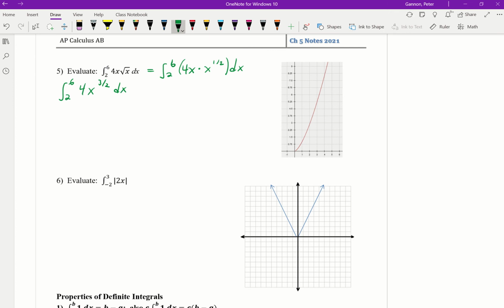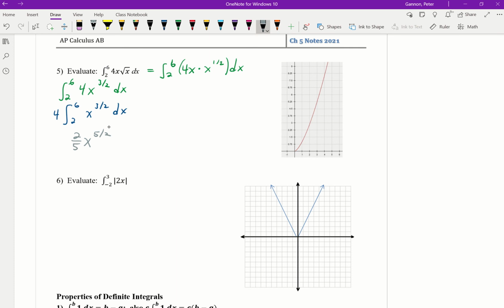Now, from here, one thing that I would encourage you to do with integration is if there's a constant in front, take it out. So we want to make the expression we're taking the integral of as simple as possible. So we can take that 4 out and just put it in front. And then as we take the integral of x to the 3/2, we're going to increase the power by 1, so this becomes x to the 5/2. We are going to multiply by the reciprocal, which is 2/5.